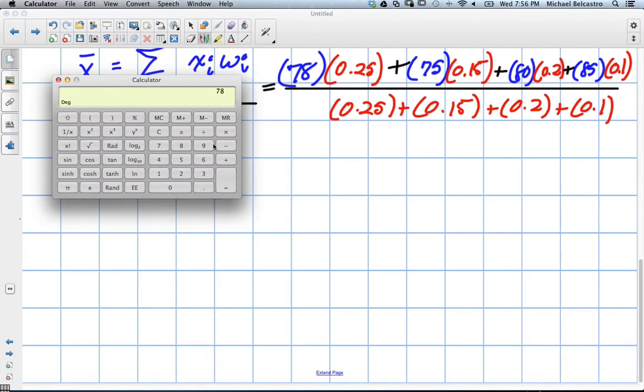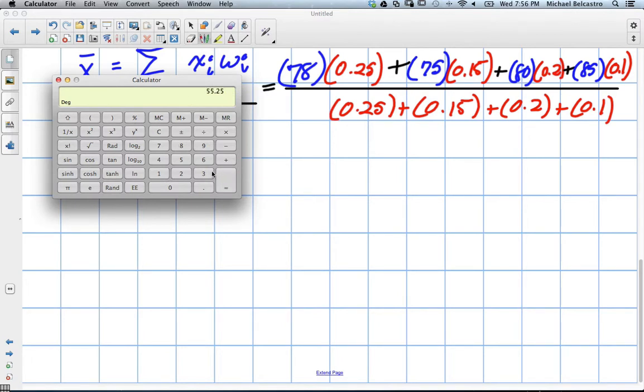So I take 78 times 0.25 is equal to, plus, and I got to put this in brackets now, 75 times 0.15 and bracket is equal to, okay, plus, you might be able to type it in much nicer in your calculator, but I have to go through it this way in mine. 80 times 0.2 and bracket equals, plus bracket 85 times 0.1 and bracket equals.